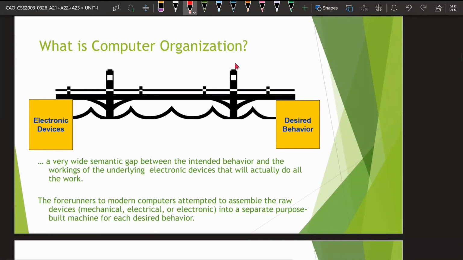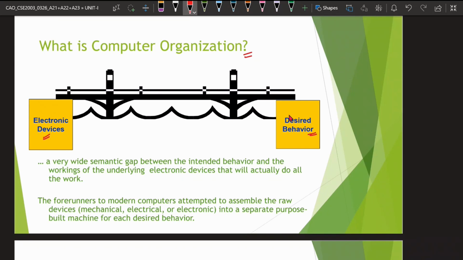So what is computer organization? In terms of the correlation, suppose any system is there. That system is made up of electronic devices, and we want to perform something so that we can get some desired behavior or desired output.